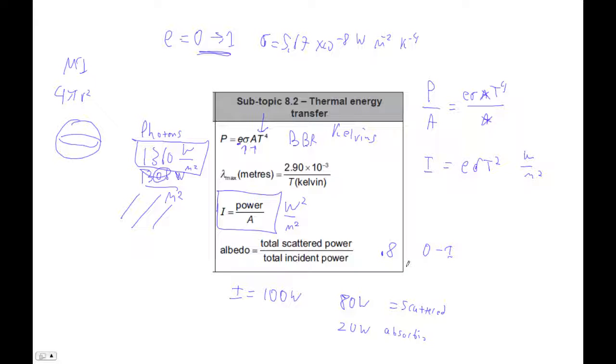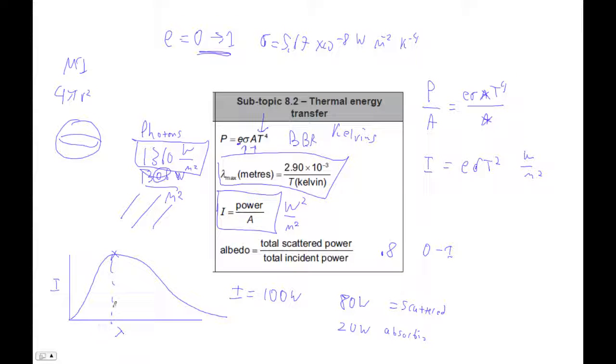And then this is for blackbody radiation as well. If we make a graph of intensity versus wavelength, blackbody curves look like this. They have a peak, a maximum, a lambda that is a maximum intensity.